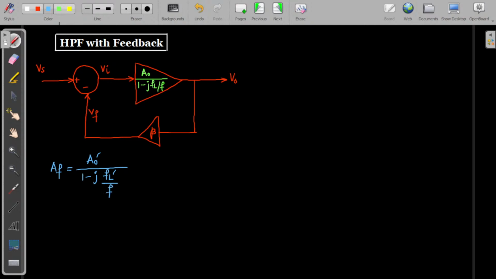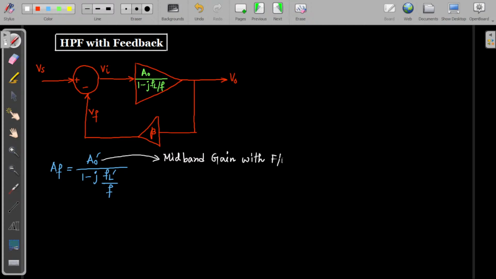What is A0 dash? A0 dash, as we have mentioned earlier, is the mid band gain with feedback.